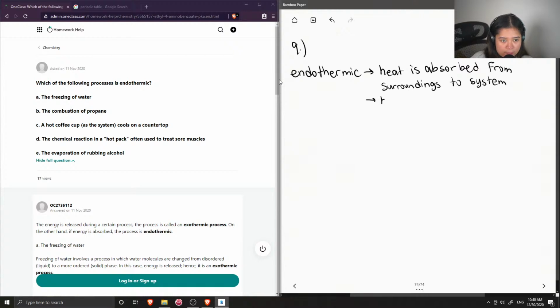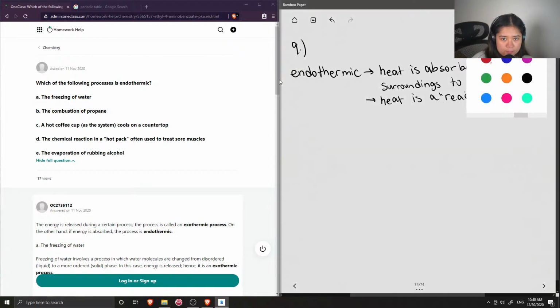So I'll also add that heat is a reactant, you could say as well, if it makes it easier.